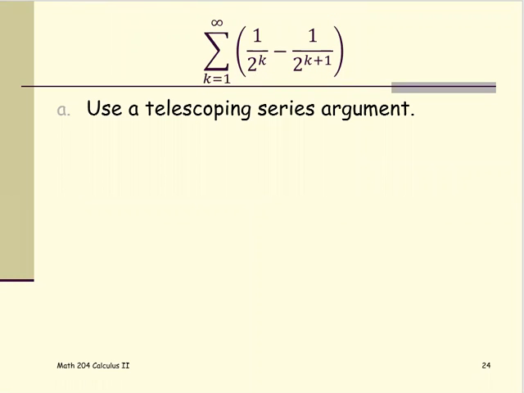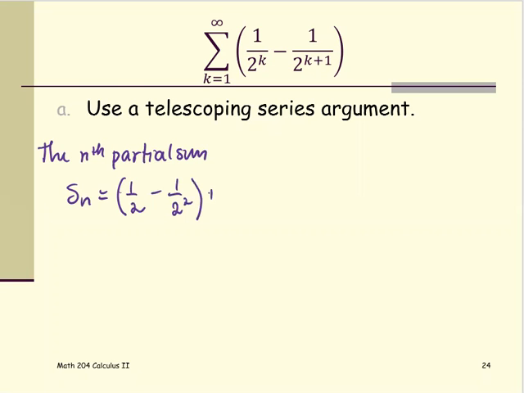To use a telescoping series, we're going to use the n-th partial sum, which is Sn. For the first term, or k equals 1, we have 1 over 2 minus 1 over 2 to the second. For k equals 2, 1 over 2 to the second minus 1 over 2 to the third.